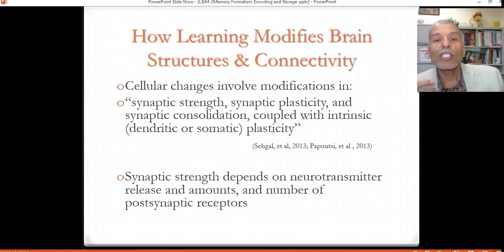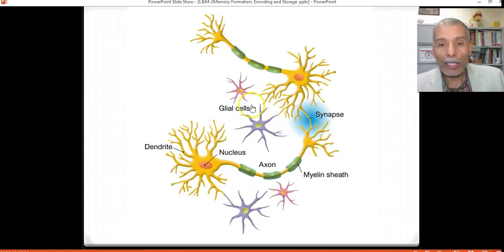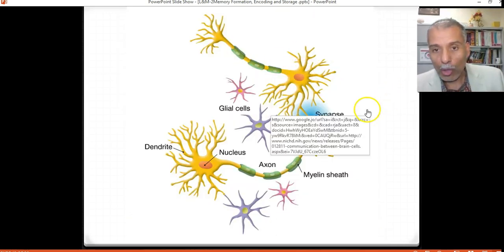That is coupled with intrinsic, dendritic, or somatic plasticity. That means the body of the neuron itself, the soma, is going to be modified in a way as to support the new skill or function. And dendrites are going to be modified as well by having more dendritic spines, by maybe taking away some from one area and putting them in another area, and so on.